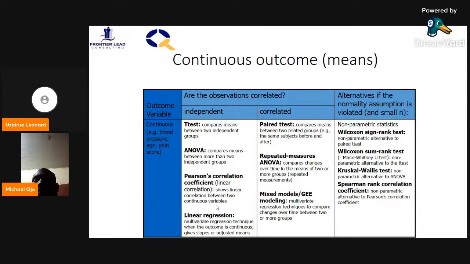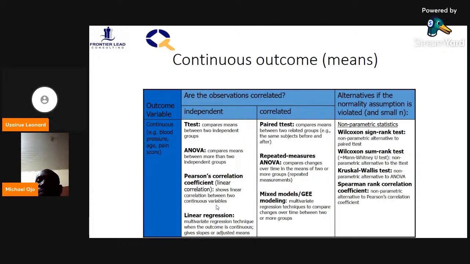Then the next one is linear regression. For linear regression, we are talking about a multiple regression technique. You will be looking at an outcome that is continuous, giving slope or adjusted mean.